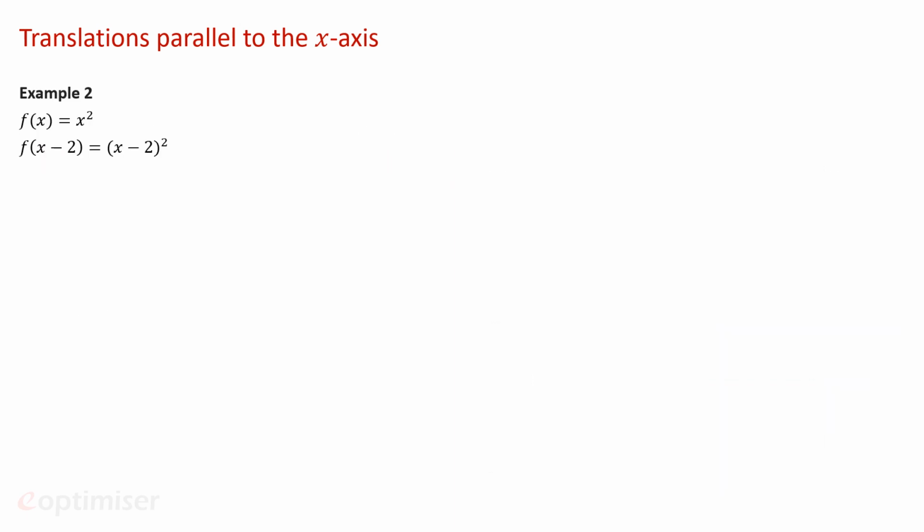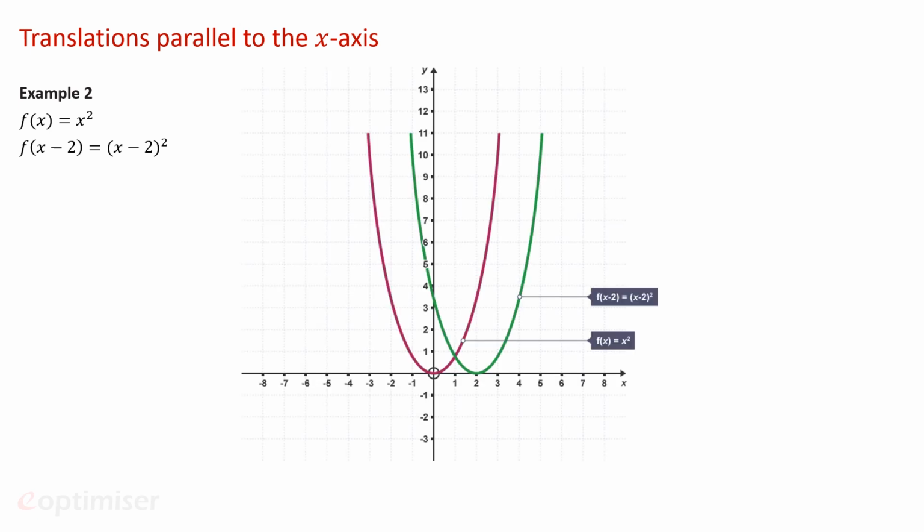So we will look at another example. f(x) is equal to x squared. Then the translated graph f(x minus 2), you are replacing x with x minus 2. Then that graph is going to be (x minus 2) squared. Then the graph will move to the right hand side. The red is the original graph x squared.